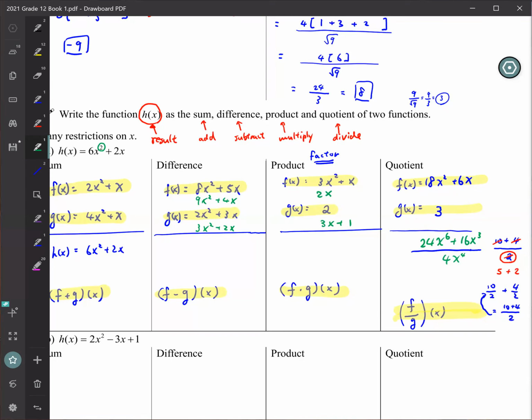Does that make sense? Okay, then how do I modify the second part? This numerator, the second term, so that it also works when you divide. Make it x to the power 5. What about the 16? Make it 8. Yeah, I need to turn it into 8.